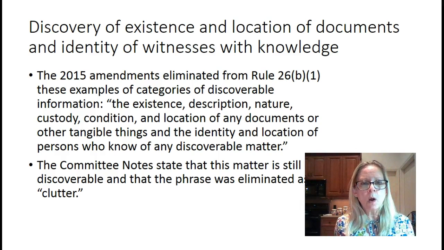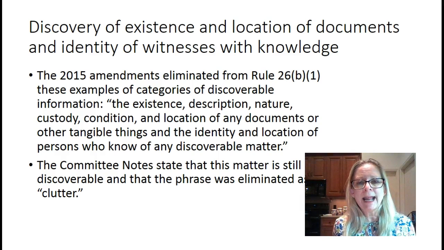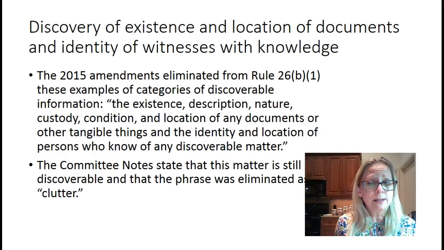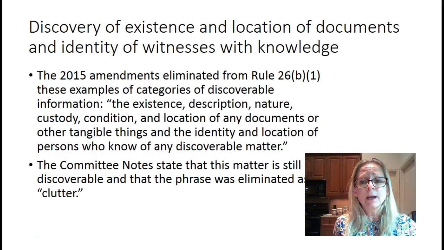So the rule said, quote, the existence, description, nature, custody, condition, and location of any documents or other tangible things, and the identity and location of persons who know of any discoverable matter. These things were listed as examples of discoverable information in the scope of discovery before December 1st, 2015.